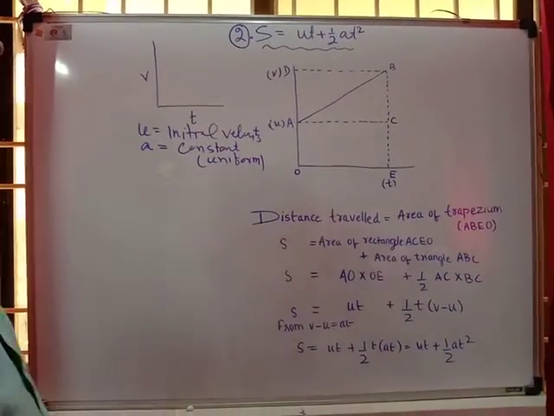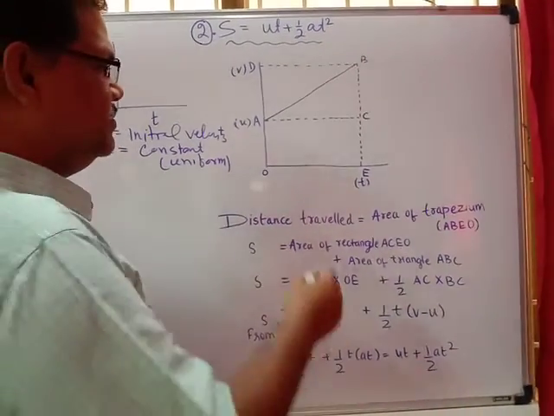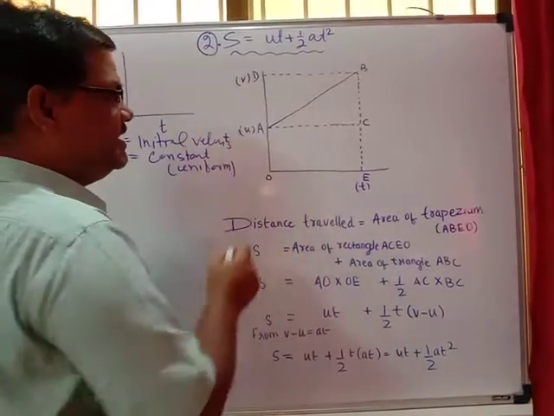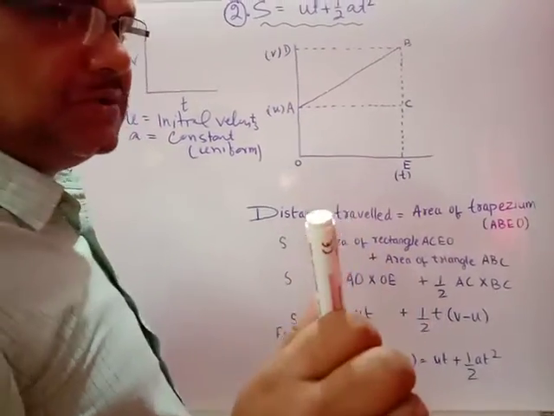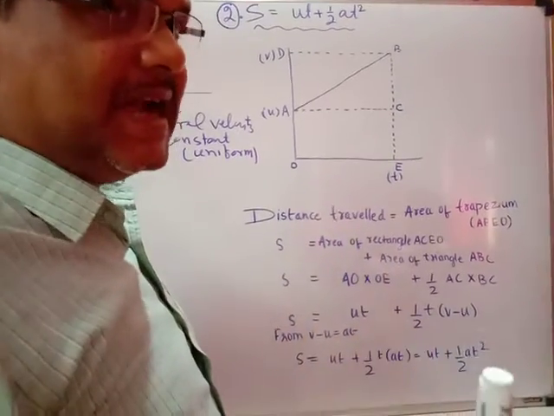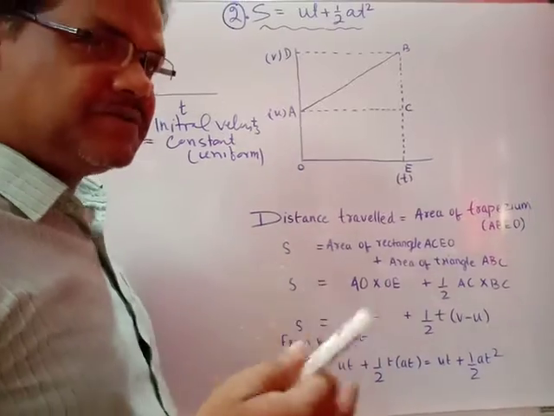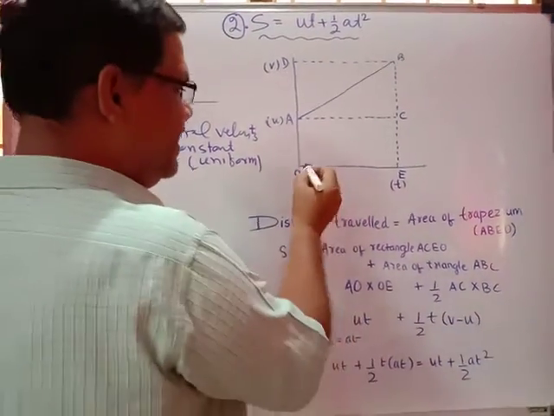So what happens here, if you look at the graph, t is on the x-axis and velocity v is on the y-axis. When t equal to 0, at the starting instant, whenever the body starts moving, that t is taken as 0.